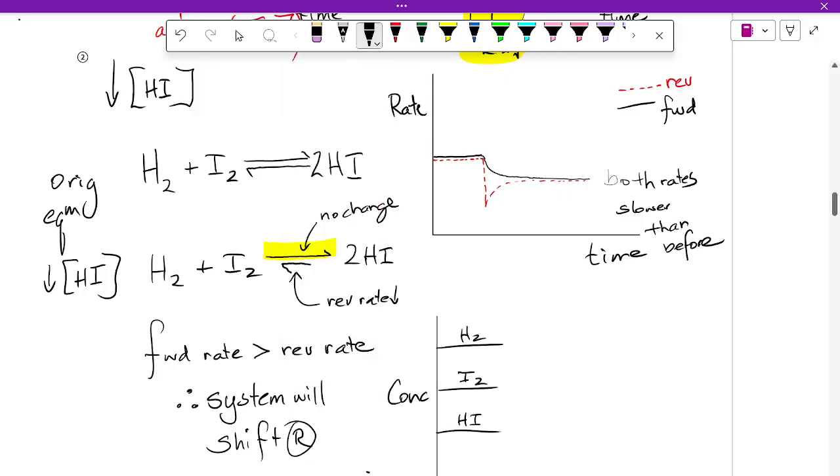For our second graph, HI should go down, and then it's going to go up. Does it make it to where it started? No, it stops before you get there. And that's going to be 2x. What do H2 and I2 do?